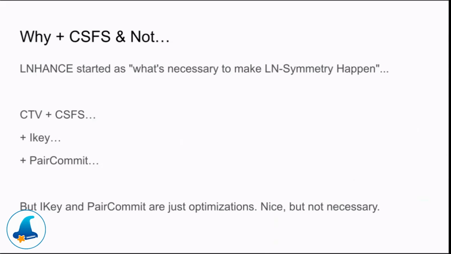If we want to just advance the conversation, the simplest thing is CTV and checksig from stack. But in this venue, maybe we can discuss and come to agreement that we really do want to include those if we're doing a soft fork. They're really simple. But maybe we don't. If we just do the two, then we're still going to get the core functionality that builders need to make these new protocols.